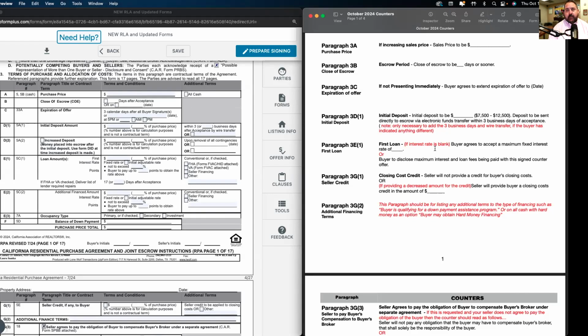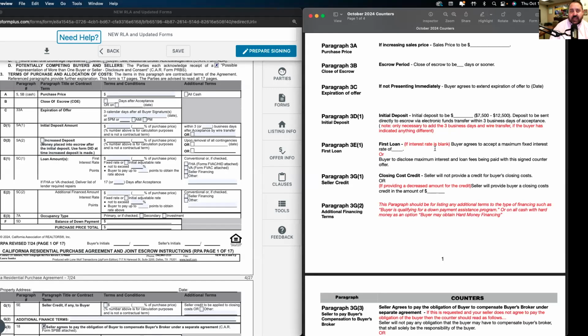Put an amount of time on it. Something like, buyer must cross-qualify with seller's preferred lender within 5 days of acceptance, 7 days, 3 days, right? We're going to add a time period to that.